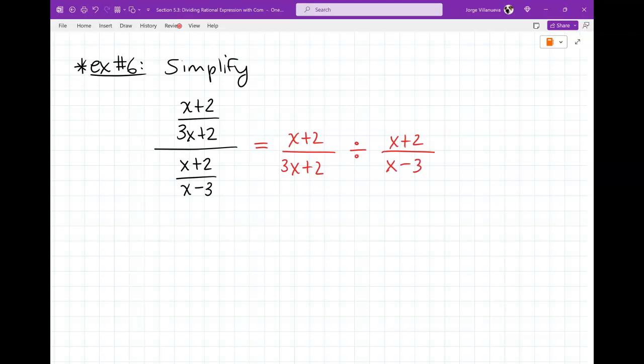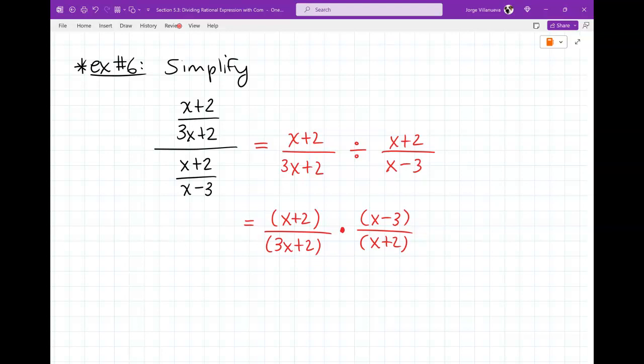And once I do that, then the rest is easy. I'm just going to change the division to times and flip the second fraction. So x plus 2 can't be reduced, 3x plus 2 also can't be reduced, times x minus 3 over x plus 2.